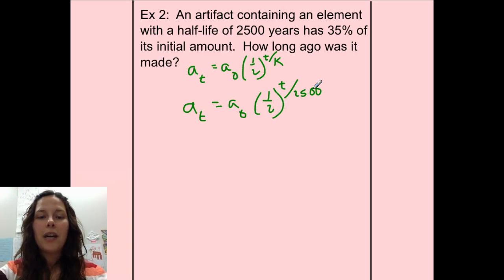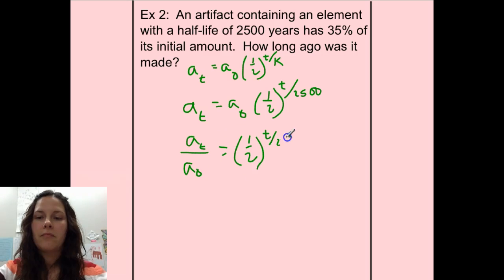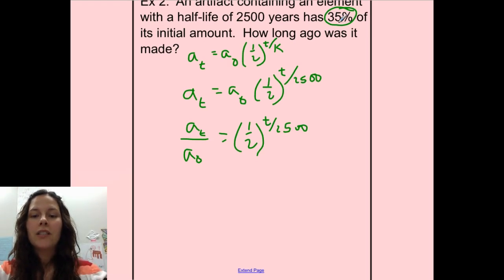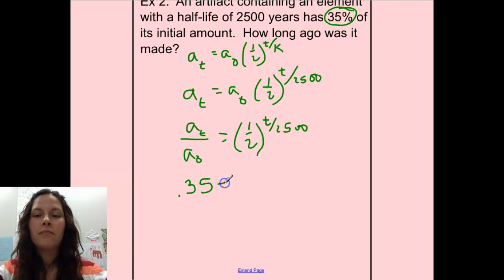So again, starting by dividing by that initial amount, if you think about this, the amount after time divided by the initial amount is what will give us the percent of what's left. So we're going to substitute 0.35 for that value. Now we have only one variable left, and we can solve for t.